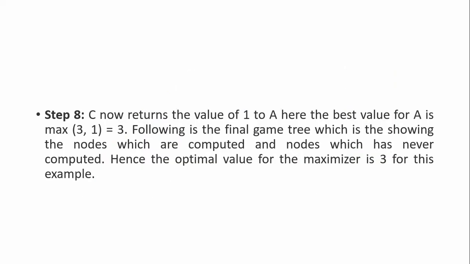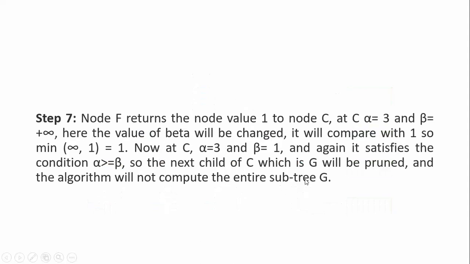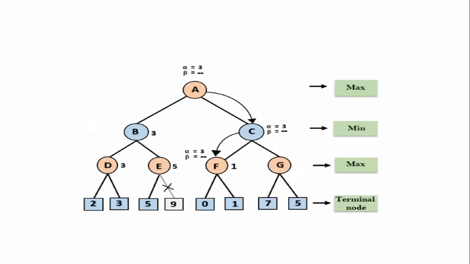That's all. I will explain the condition here again for your sake. So you should be careful here. The 8th condition: after returning the node value 1 to the C, alpha equal to 3 and beta equal to plus infinity, it will change. So at the minimizer, which value can we change?